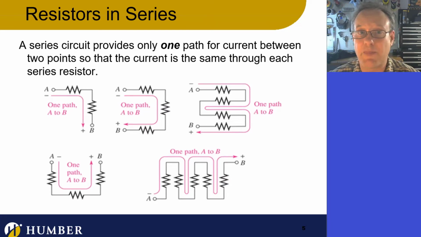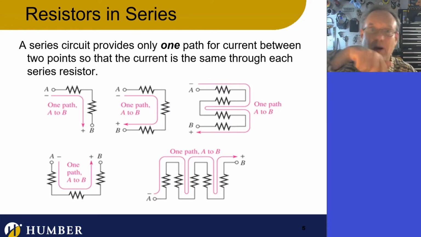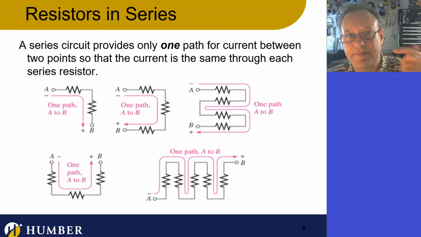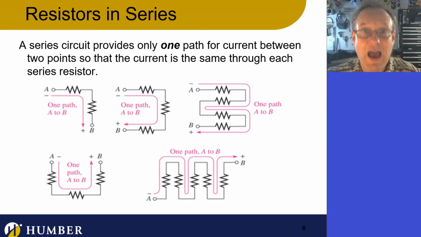They can be hooked up in all different kinds of funky ways, but however you look at it, there's really only one path for the current to go. One path goes into the circuit, and then the current goes through all of them, and it comes out.